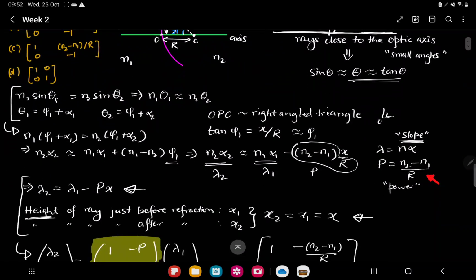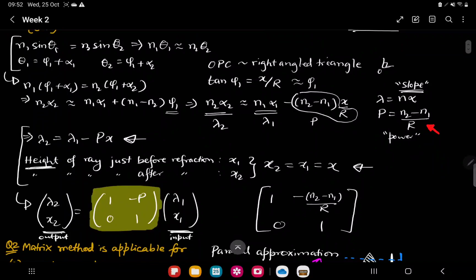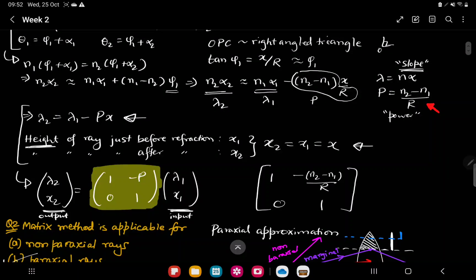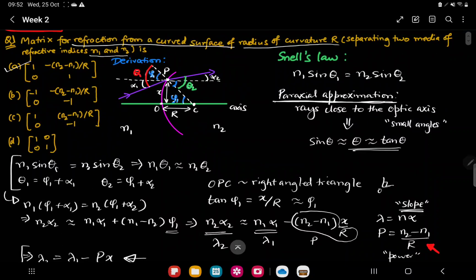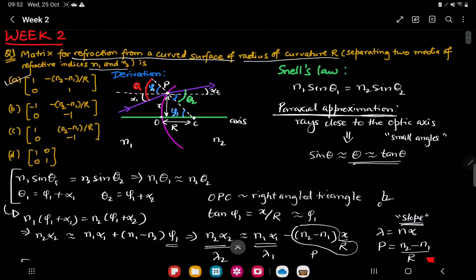So given the height of the ray and the slope of the ray, we can find out the output, again in the form of height and slope of the ray, by multiplying with this matrix. And for this kind of curved surface, we find the form of the matrix depends on the refractive indices as well as the radius of curvature.